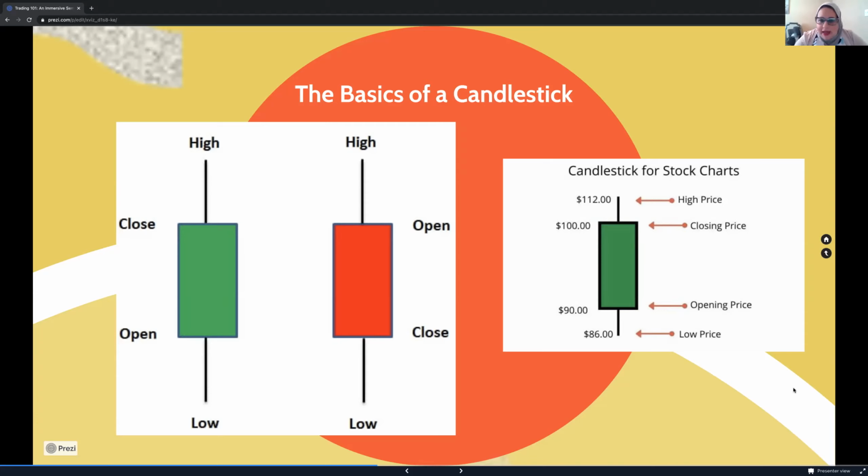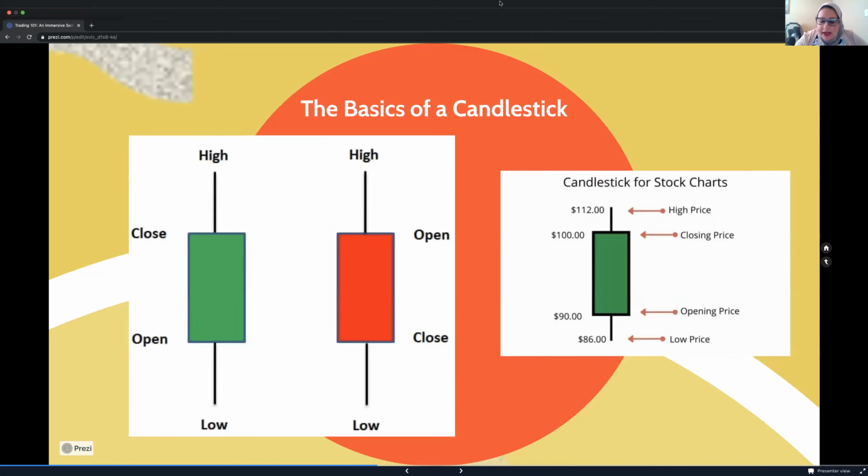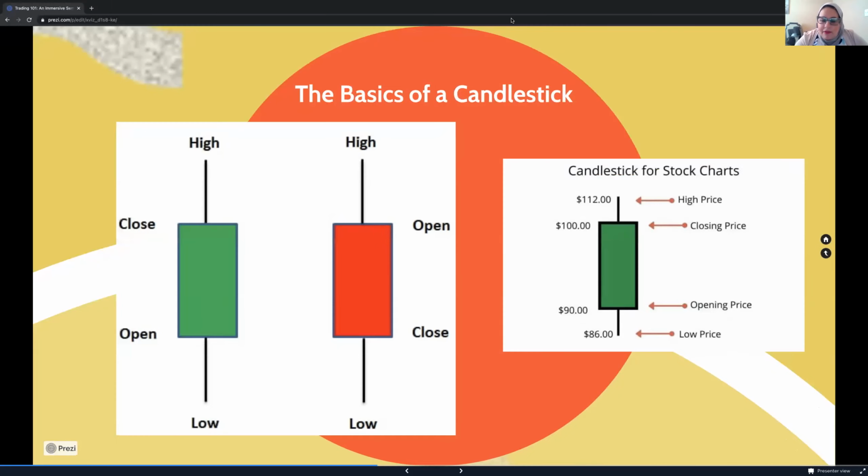So if we look at that candlestick to the right, the one that's labeled with numbers, the top of the body of the candle says that at the beginning of the 5 minutes, we opened at $90, and at the end of the 5 minutes, we closed at $100.